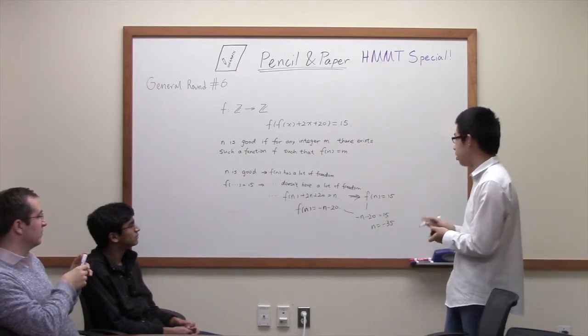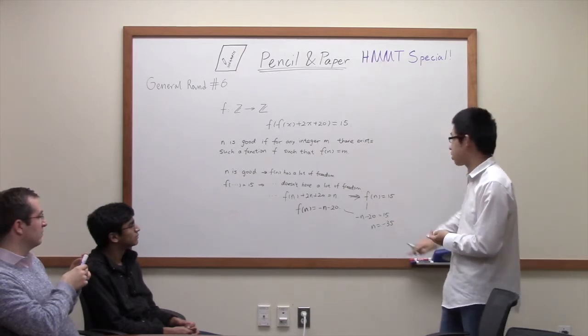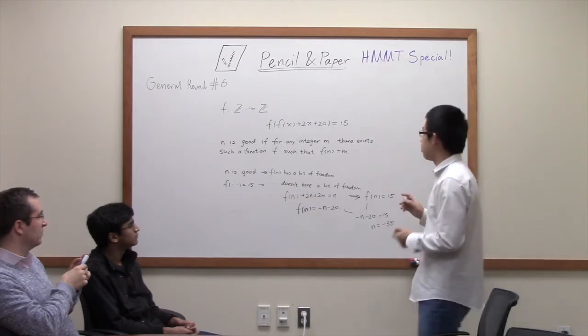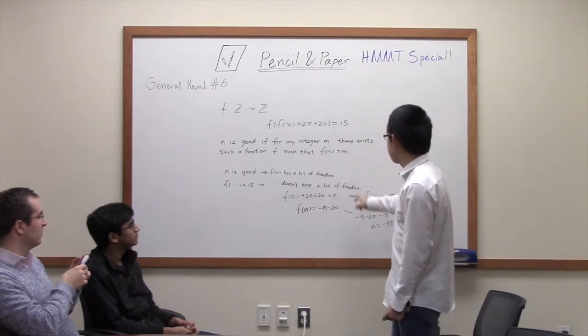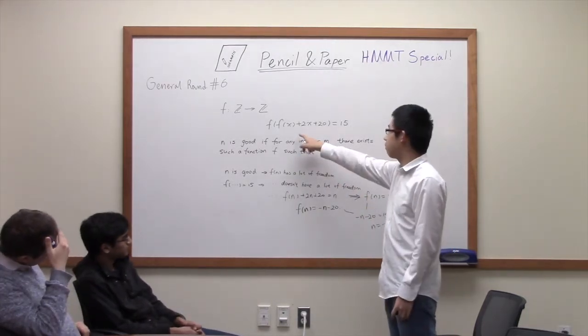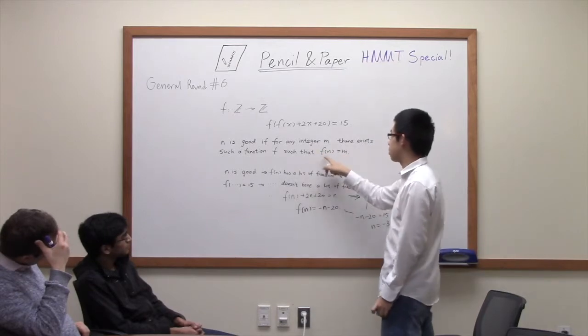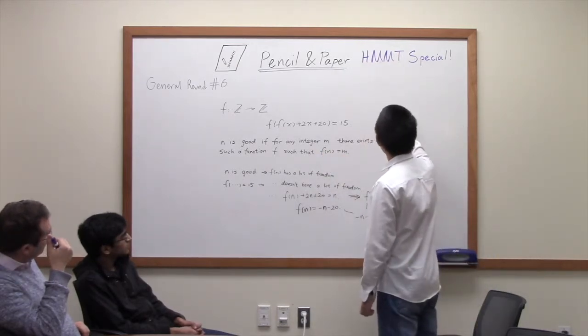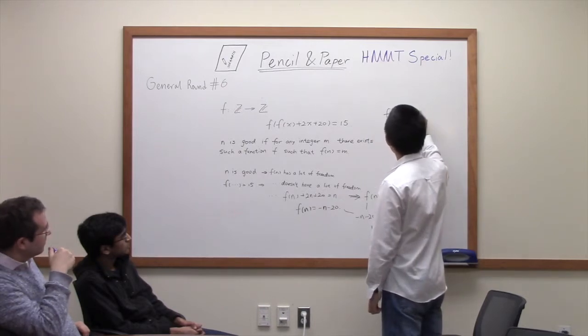But here we want to show that it actually works, that negative 35 is actually good. So once again, we want to find, for any n, a function such that f of negative 35 equals n. So let's look at this.